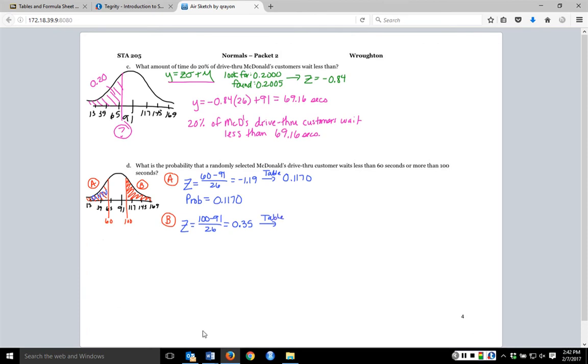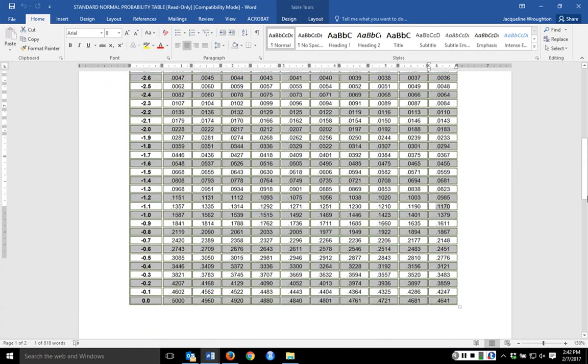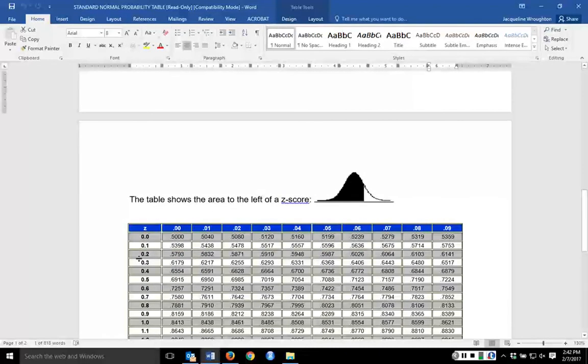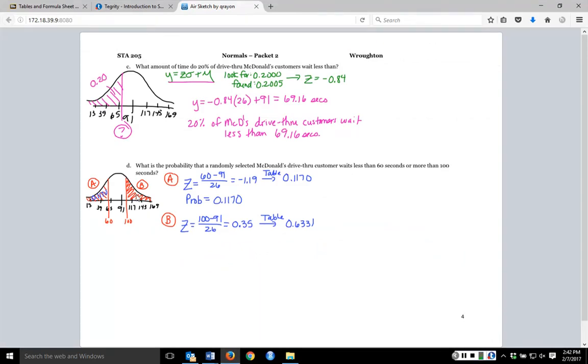We're going to take that number to the table. So there's our 0.35. So we get 0.6331. But remember, that's what's to the left of the number, right? We want what's to the right of that number. So for that, once that piece is shaded right, we have to do our 1 minus rule.